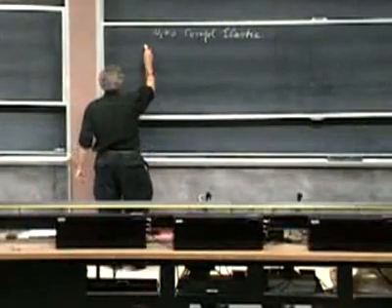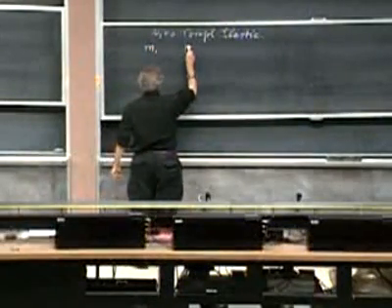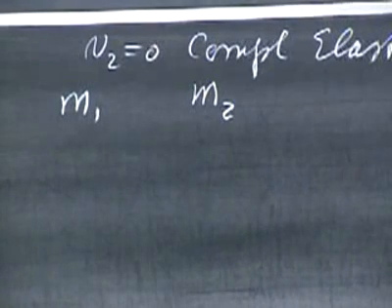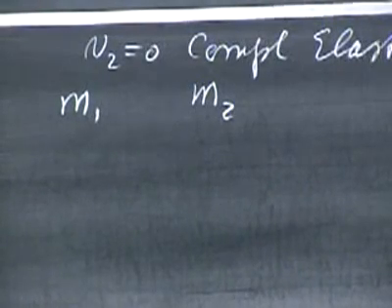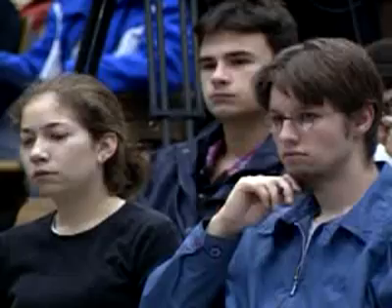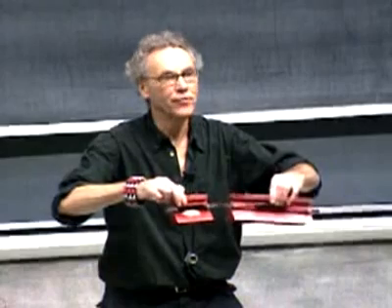I'm going to have one object m1, which I bang against object m2, and object m2 will be standing here, will have no speed. And object m1 comes in from this side, and I'll try to make the collision elastic. The way I will do that is by using springs, which are attached to each mass. And springs are conservative forces.